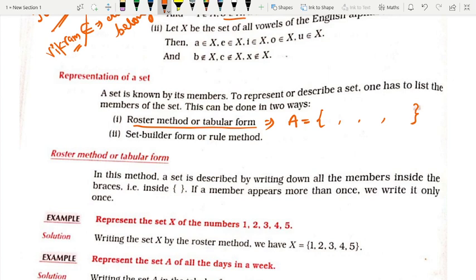Like 4 natural numbers we can write down here. Which 4 natural numbers? From 1 to 4, 1 2 3 4. So this is the representation of a set in the roster method or tabular form.